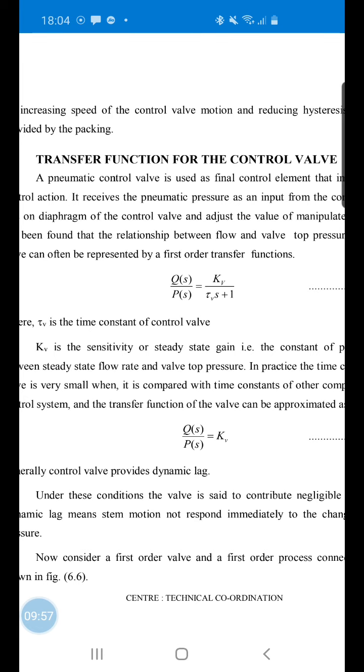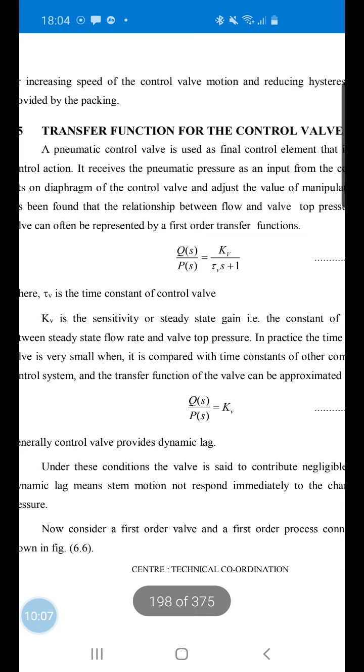The signals coming out from the controller in terms of current go to the pneumatic control valve in terms of pressure, and the output coming out from the valve is in terms of flow.